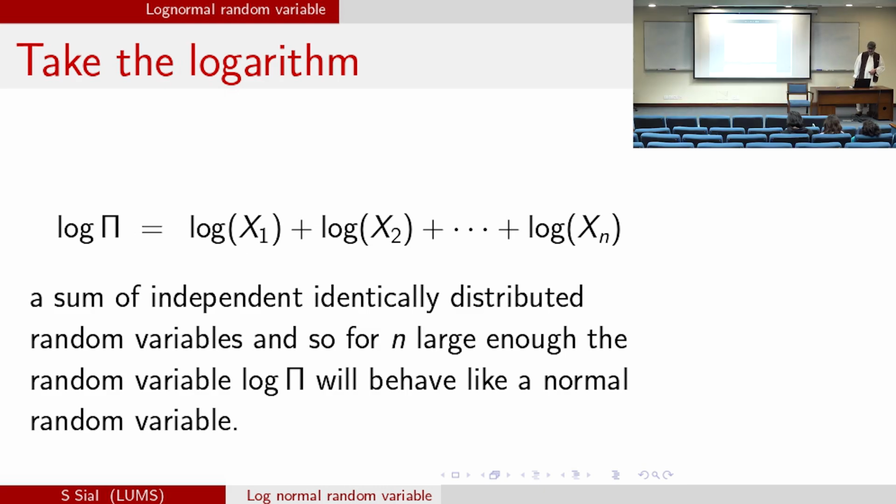So it's not that the product of independent, identically distributed random variables, which always take positive values, would be normal, but the logarithm of that product would behave like a normal random variable, according to the central limit theorem, provided that n is big enough.